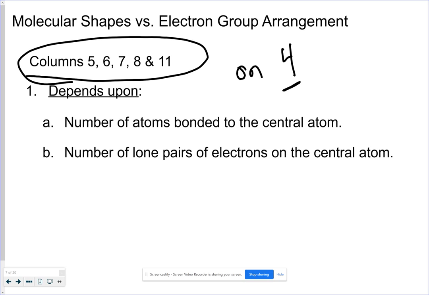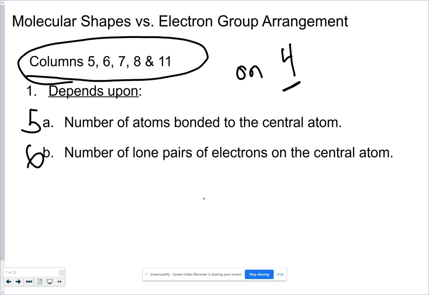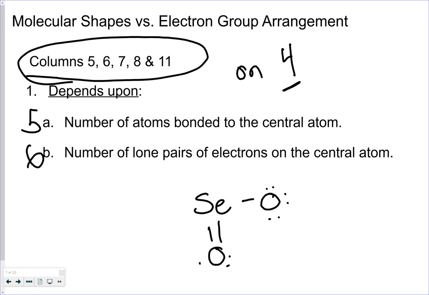So, this is going to be number 5. Number 6 is B. For 5, we're talking about bonded atoms to the central atom. For example, one of the ones that we've had in the past, we had SeO3. That was allowed to have 24.